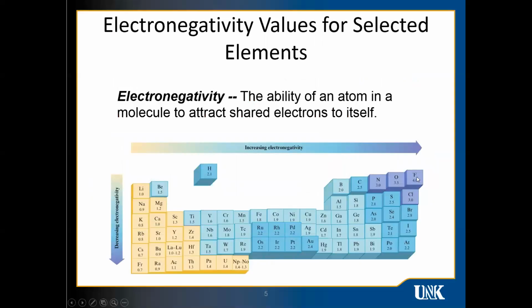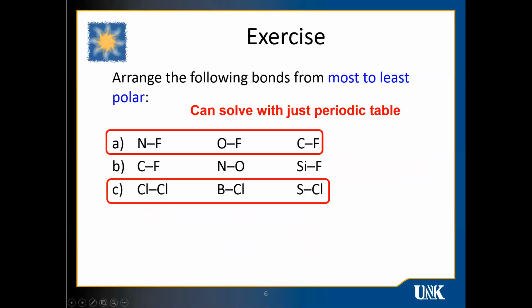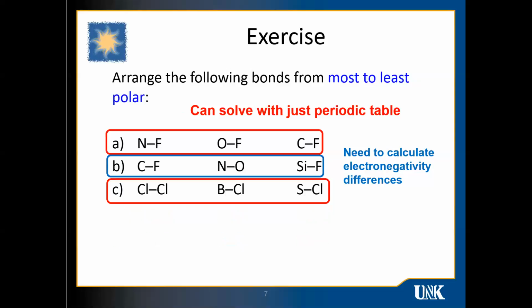The way we do this, fluorine is 4.0, silicon is 1.8. So that difference is going to be 2.2. Carbon has an electronegativity of 2.1, fluorine's 4.0, and so that difference is going to be 1.9.